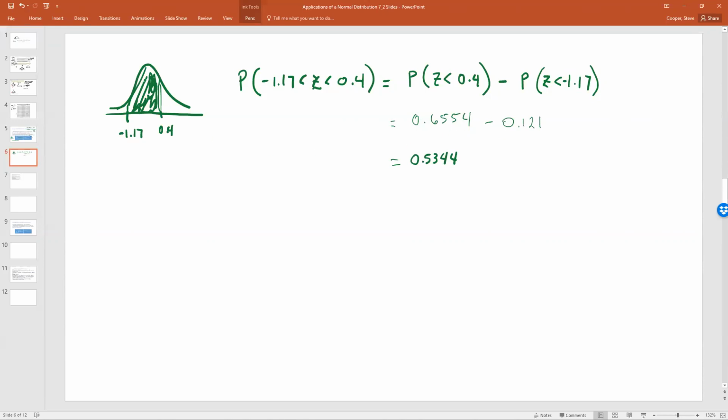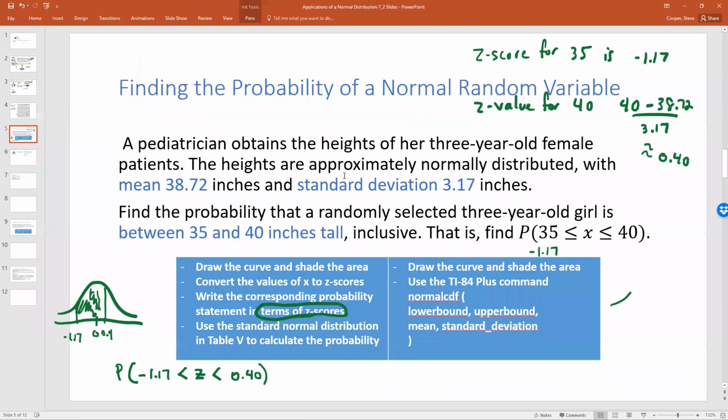Okay, so the area I've got shaded here corresponds to 0.5344 of the total area under the curve of that normal. So that, remember, this is converted to Z. All right, so we can finally answer that question. Question being, find the probability of randomly selected 3-year-old girl.